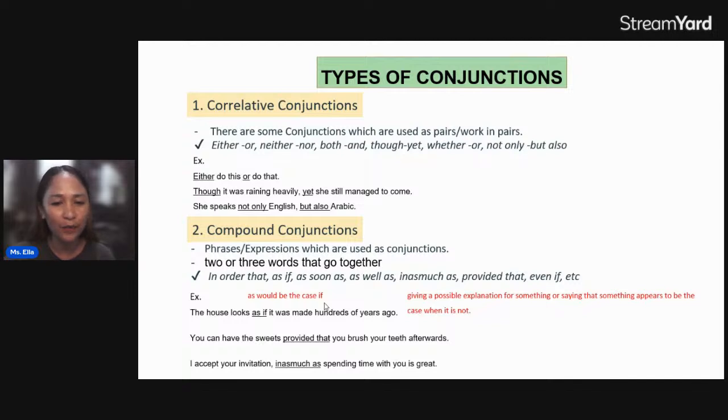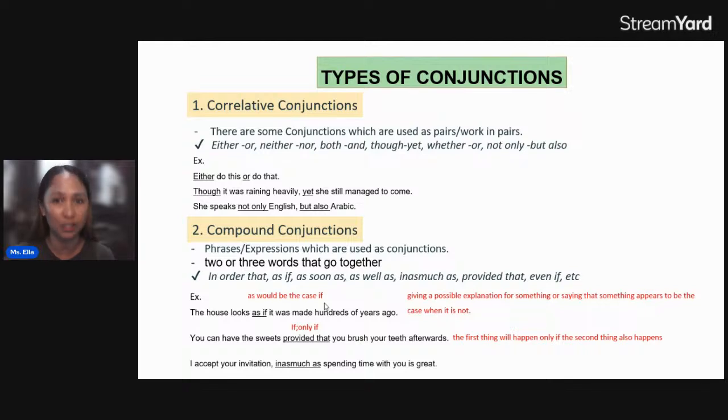Next, for the second sentence: you can have the sweets provided that you brush your teeth afterwards. We have the phrase provided that. Provided that means if, only if, or the first thing will happen only if the second thing also happens.